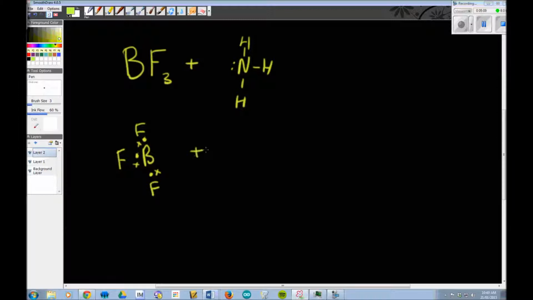And if we put it near our best friend here, NH3, you'll see that that pair of electrons is available for sharing. And what you will create is those electrons donating their way on over. I think you end up with this, although not exactly sure.